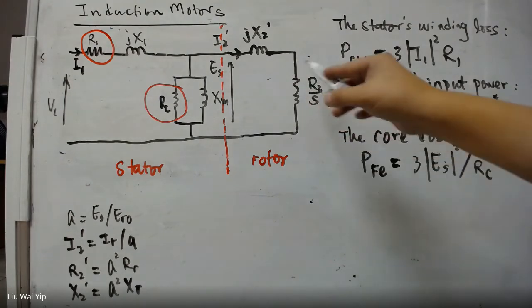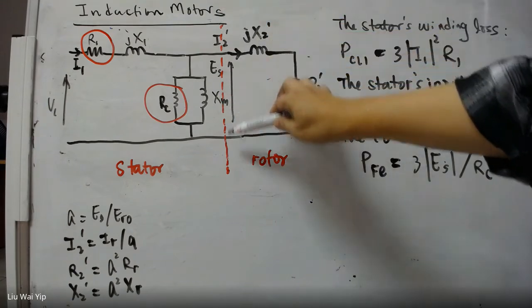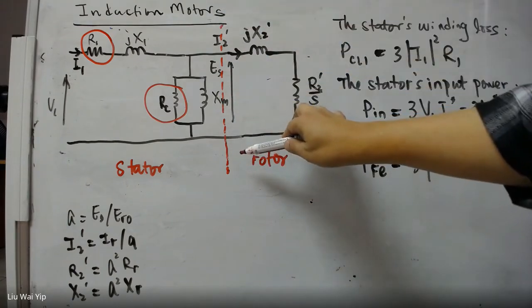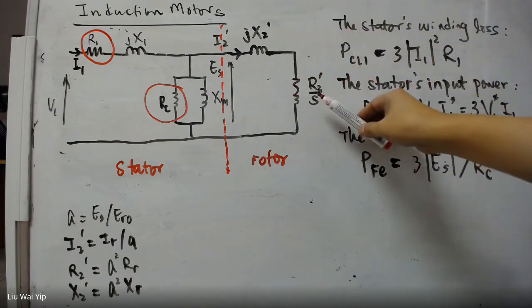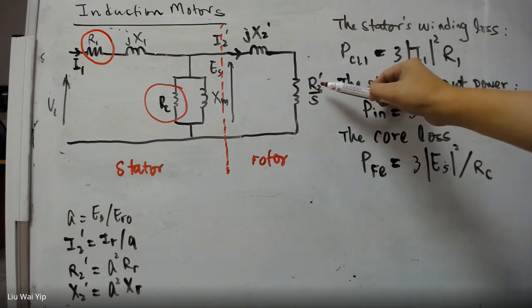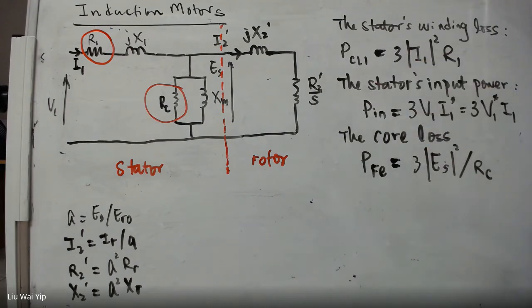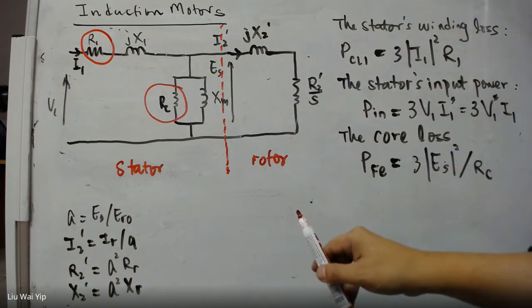So what is the power for the rotor? On the right side of the red dashed line, we have only one element that can be modeled as a loss. This is R2 dash divided by S, the referred rotor resistance divided by S. And this one is the rotor power.